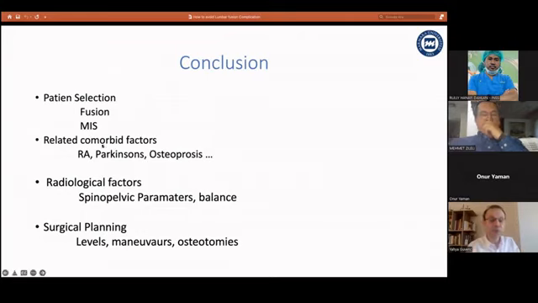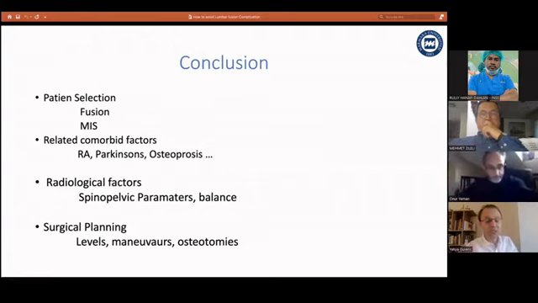And the other thing is the comorbid factors. For example, rheumatoid arthritis, Parkinson's disease, and osteoporosis. It is very dangerous for using fusion techniques. If we really have a necessity, we can use fusion. But if we don't have any obligation to fuse, we can use minimally invasive techniques for these groups.